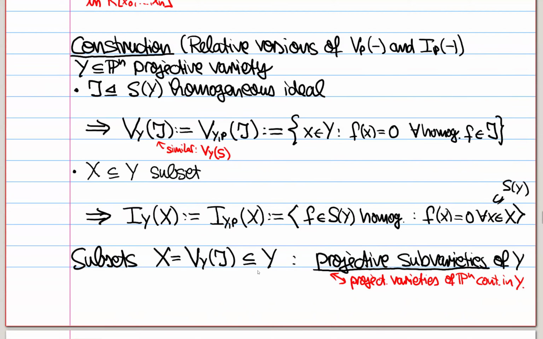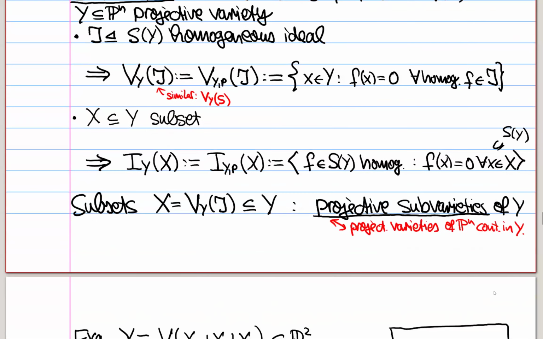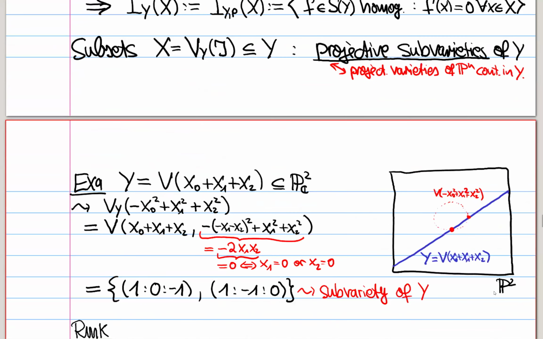And all the subsets X inside Y of this form, the vanishing locus of J as above, are called the projective subvarieties of Y. And as a little remark, just as for affine varieties, this is the same thing as a projective variety in this ambient space P^n, in which the Y sits, which happens to be contained in Y. Similarly, as we have seen that the affine subvarieties are just the affine varieties contained in the corresponding variety. Okay, so we have these relative conditions, and let's see one example.